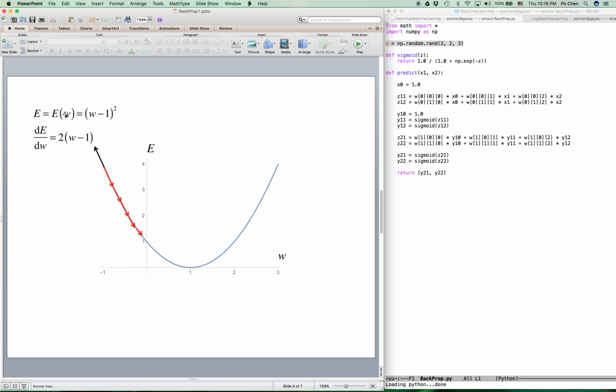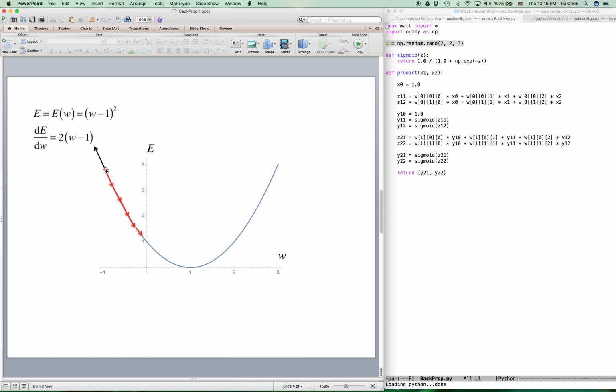So the derivative is what? The derivative is basically how fast the error term E increases with W at a certain point on this curve, right? So at W equals 1, the derivative is 0, right? Which means at this particular location, if you change W a little bit, the error doesn't change, right?